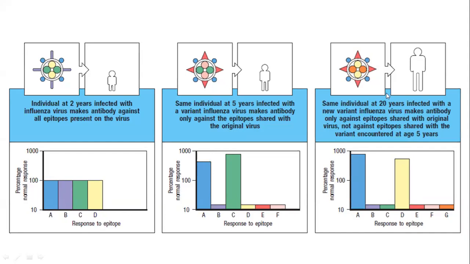So very, very important to remember that the immune system always remembers, and apart from remembering, it's always able to launch a stronger response. As you can see with the A epitope, you can see the level there.